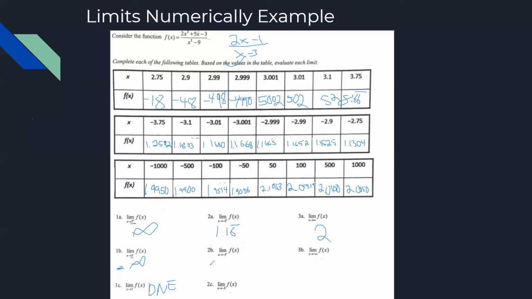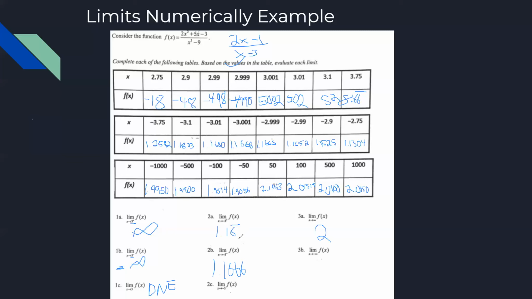All right, so now we're on to 2b. So 2b is asking us the limit as f of x approaches -3 from the left side. So now we look at the second table again, and we see that it approaches 1.16 again, 666. So these are the same.